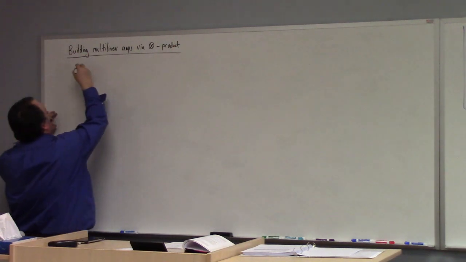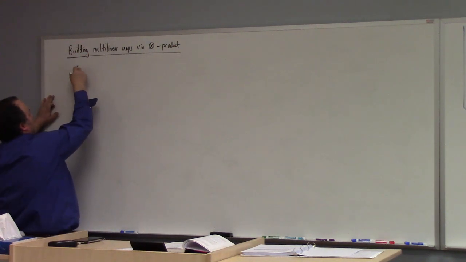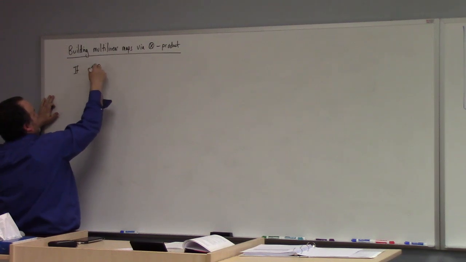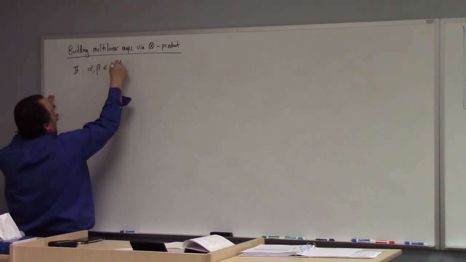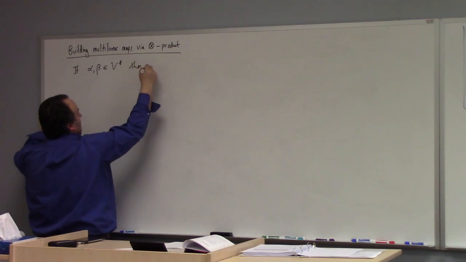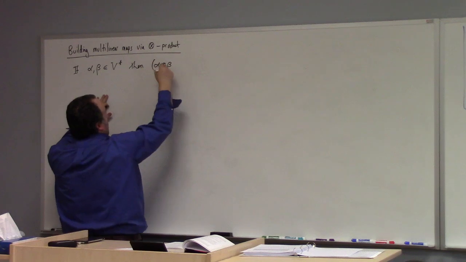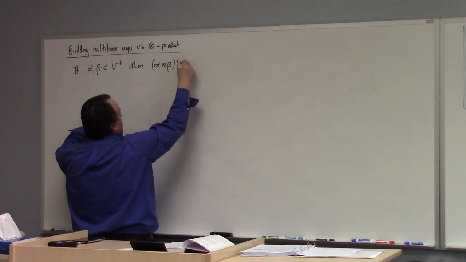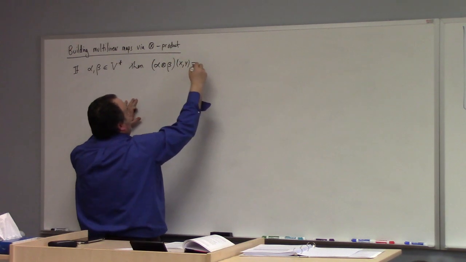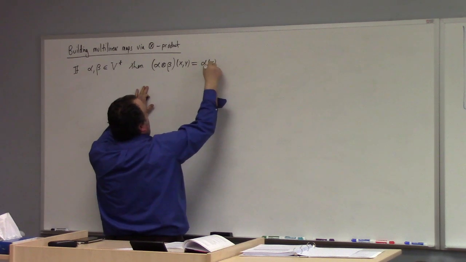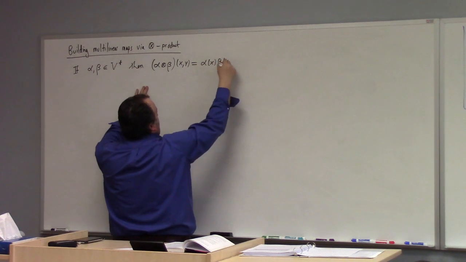So, all right, I'm just going to illustrate by cases. I think that's probably the best. If we have alpha and beta in V dual, then alpha tensor beta acts on a pair of vectors x, y as follows: alpha of x, beta of y.